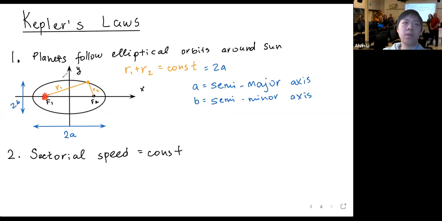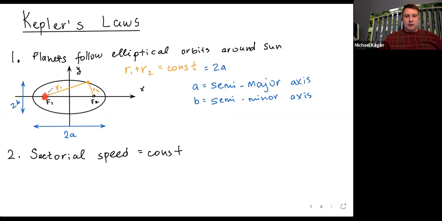So it's clear that since this is not a circle, a general planet would not follow a uniform circular motion. So it may speed up and slow down. And in fact, you can use whatever knowledge you already have to argue where the planet moves the fastest and where it moves the slowest. So do you want to say anything about it?